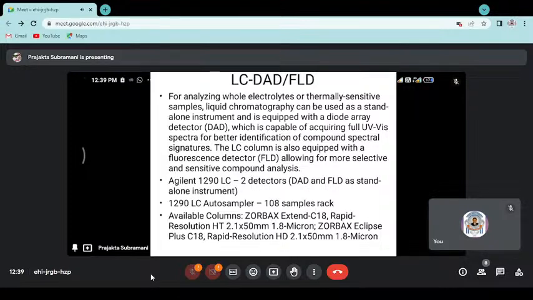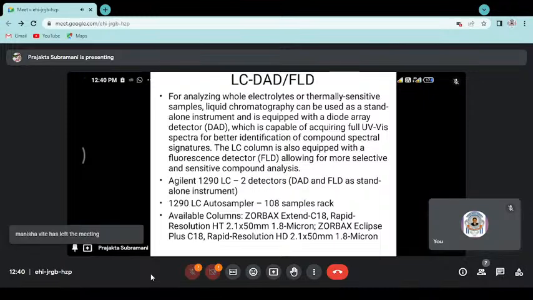LC-DAD means liquid chromatography is coupled with a diode array detector, and it is useful for analyzing electrolyte samples or thermally sensitive samples. LC is coupled with DAD or with the fluorescence detector, that is FLD. Mostly an Agilent 1290 liquid chromatograph with two detectors, DAD and FLD, is used.